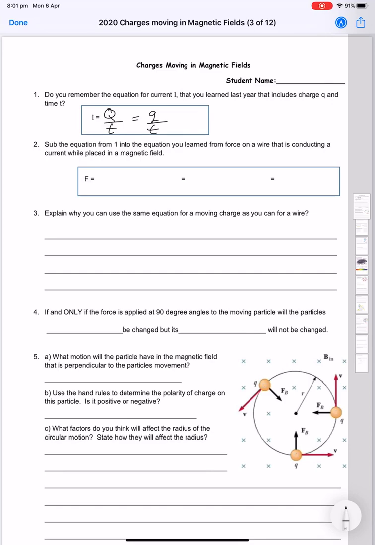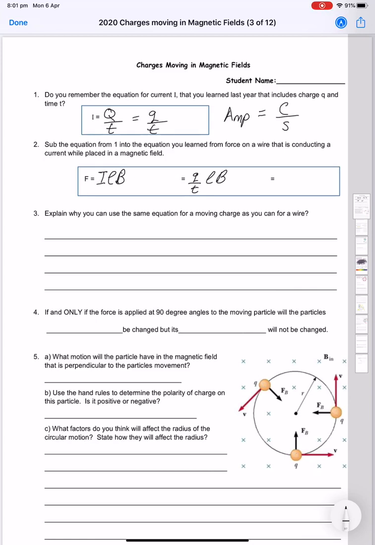This means, since current I has the units amps, that 1 amp is equal to 1 coulomb per second. So now what we're going to do is look at the equation for the force acting on a wire, which is ILB. But we're going to replace the I with Q over T. And then it goes LB.